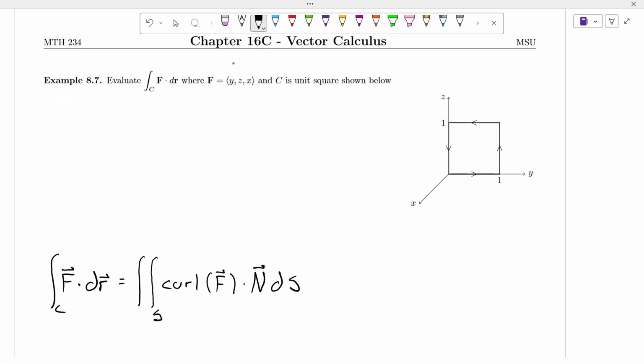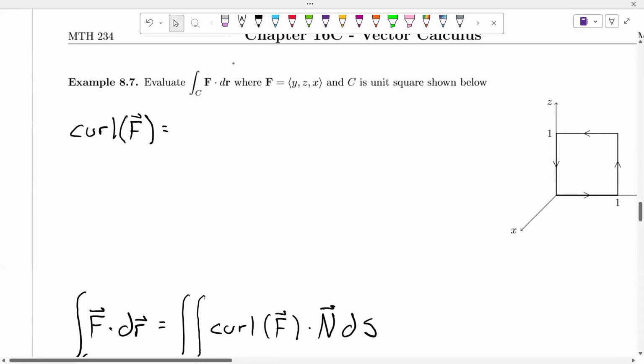And we'll bring a few ideas in together over here. First up, I would like to get the curl. So the curl of F, which has a curl before the parentheses. If I go back to what that thing was defined as, it's going to be a vector quantity, and it's going to involve P, Q, and R, and also partial derivatives with respect to x, y, and z, all in some order.